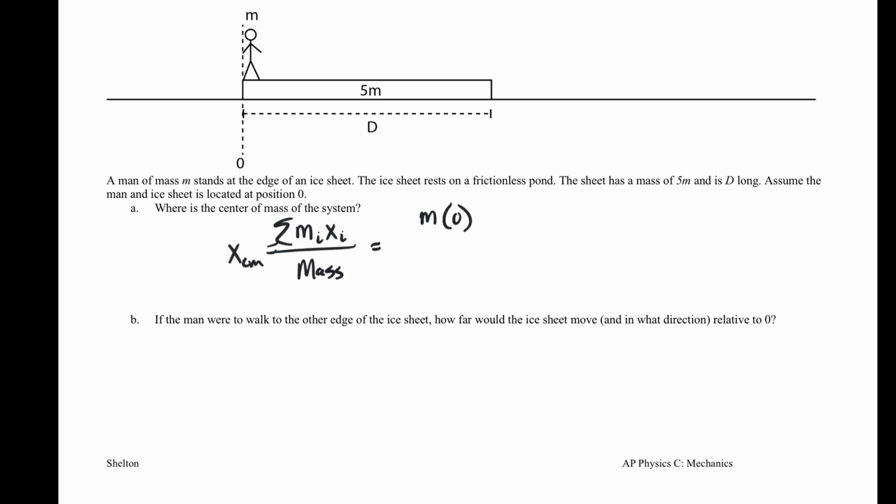M2 is that sheet, and its mass is 5m, but I think that its center of mass is at the center of the plank, so that's going to be at 1/2 of d. Does that make sense? Because I think the center would be there for that. It's a uniform plank or uniform sheet. Then I will divide the whole thing by the total mass, which is 6m. All the m's cancel here. Yeah, it's going to be 5/12.